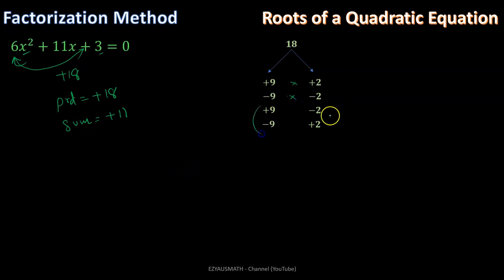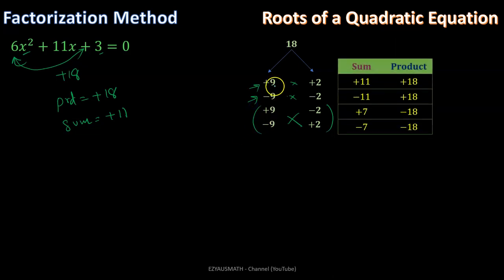So we are going to rule out the other pairs. Now which among these two pairs will give you the sum 11? Let us check. If you add plus 9 and plus 2, the sum is 11. If you add minus 9 and minus 2, the sum is minus 11. So our required sum is plus 11, hence this is our required pair.